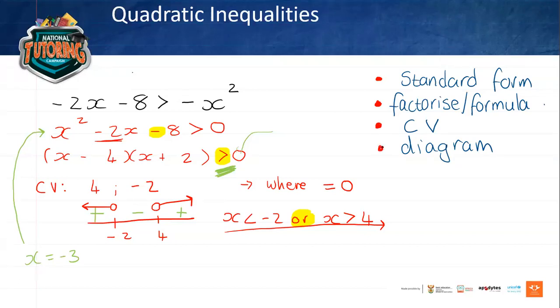We use a diagram. Some of you may be used to using a parabola. You can use a number line, and that helps us decide in which segments of the graph or segments of the number line our expression is greater than 0 or less than 0, depending on the question. Okay, so those are our quadratic inequalities.